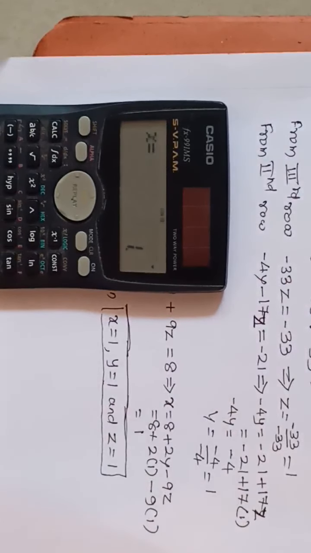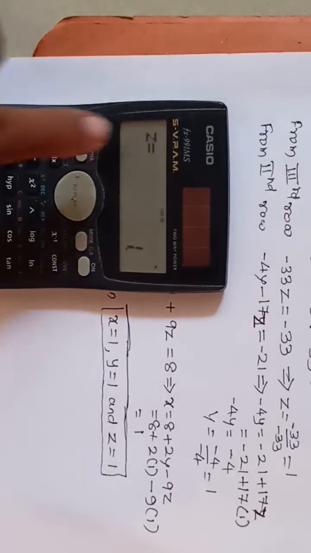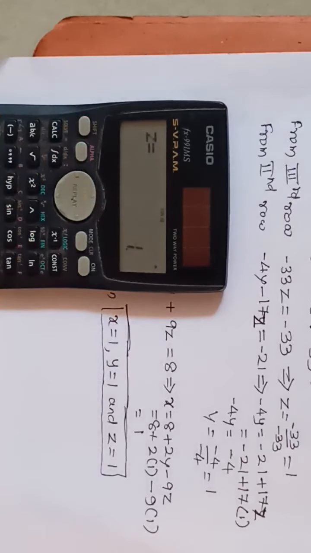Next press equals again, y is equal to 1. Next z is equal to 1. In this way also you can check your answer, but here it is asked for the Gauss elimination method. You cannot use the direct method. You have to solve like this using the row operation method. So you can check your answer with the calculator also.